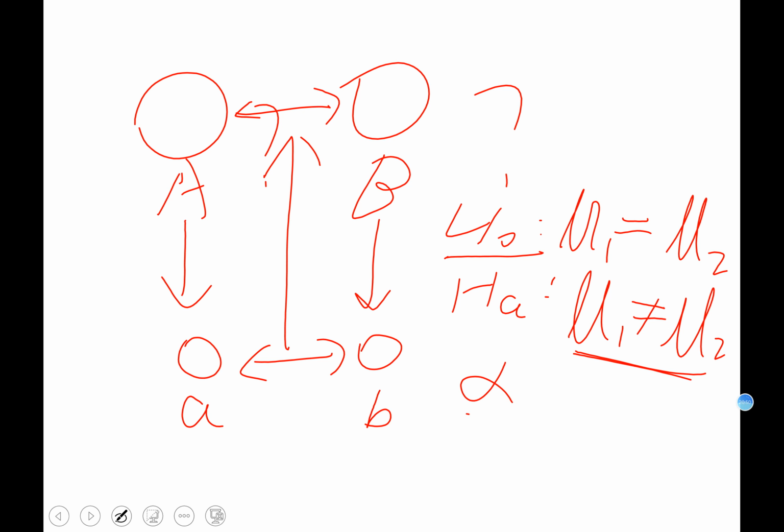So that is the significance level. We use alpha to represent the significance level, and most often we use the number 0.05 for alpha. So that means if the probability is less than 0.05, we reject H0.